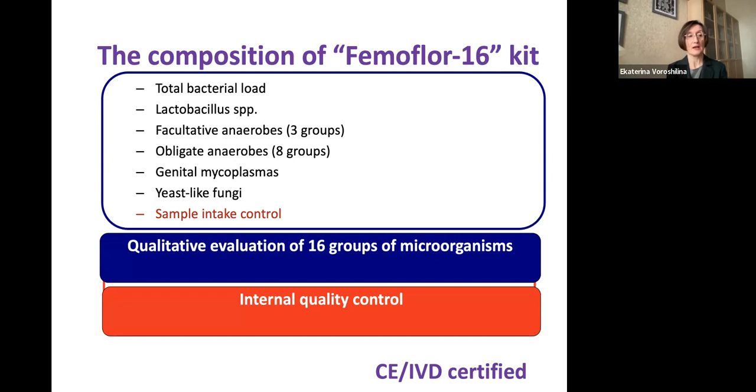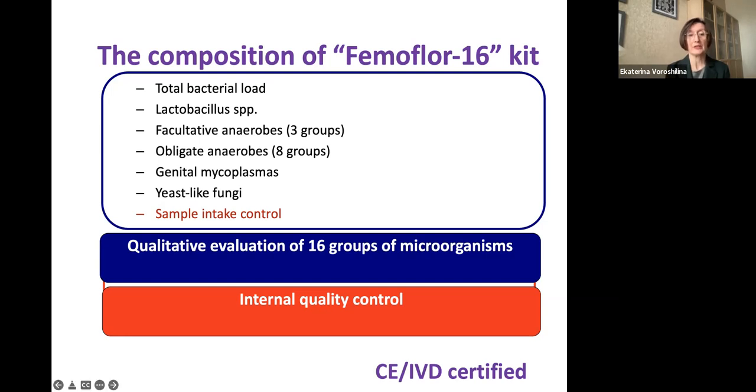The kit allows us to detect 16 groups of vaginal bacteria: lactobacillus species, facultative gram-positive and gram-negative anaerobes, obligate anaerobes, including Gardnerella vaginalis and Eggerthella-like Atopobium vaginae, mycoplasmas, and yeast-like fungi.